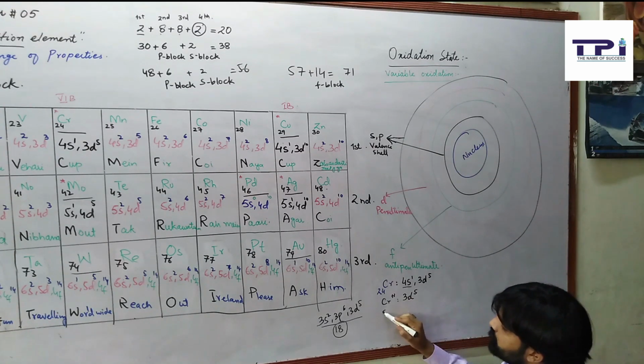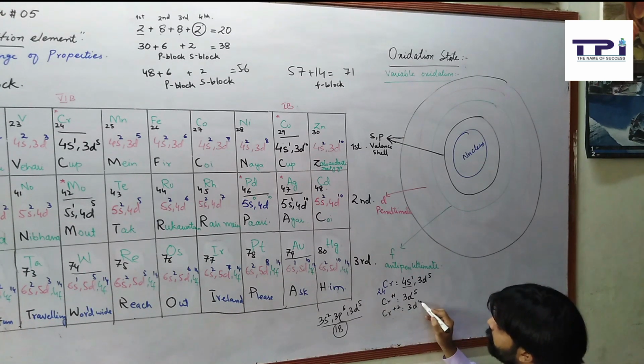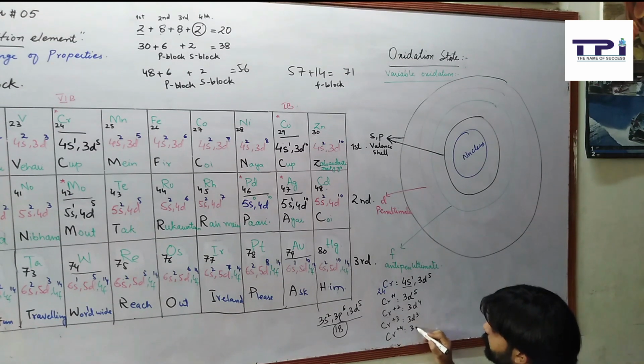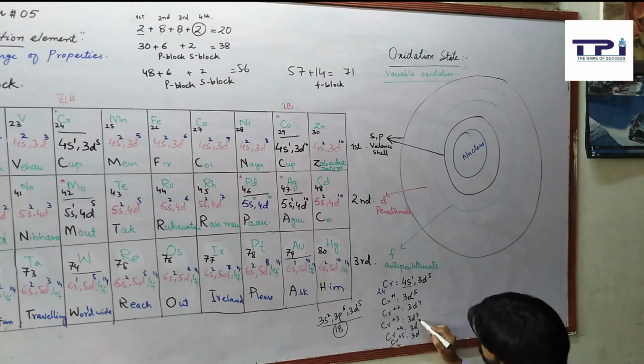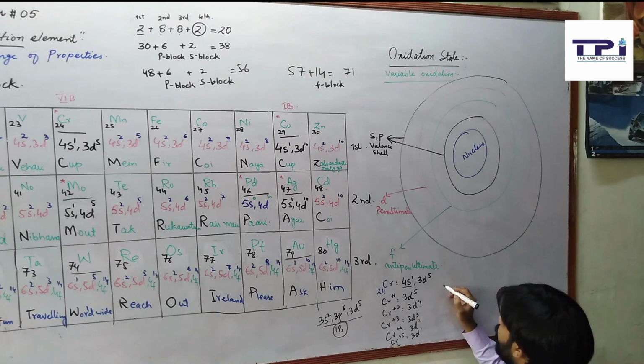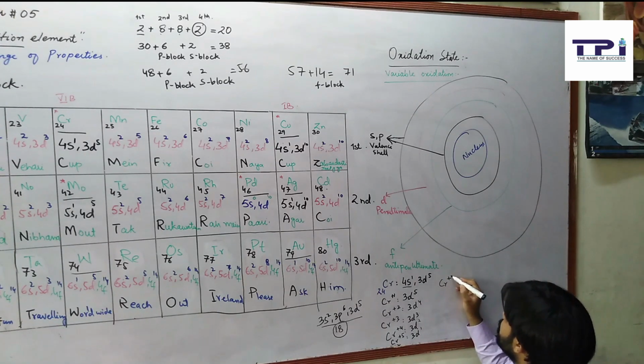So chromium loses another electron, plus 2, 3d4. Then loses another electron, plus 3, 3d3. Then loses another electron, plus 4, 3d2. Then loses another electron, plus 5, 3d1. And in last, chromium will become plus 6 with 3s2, 3p6.